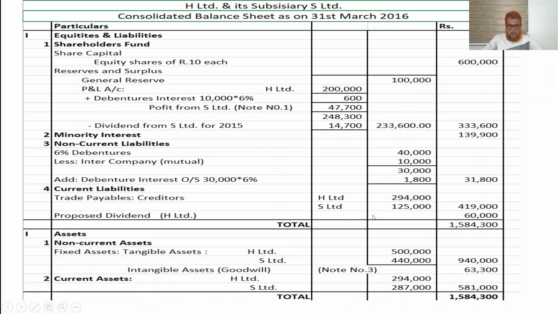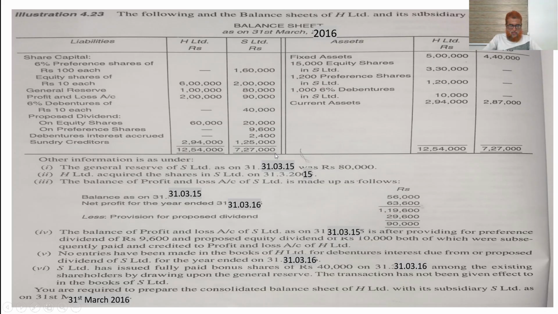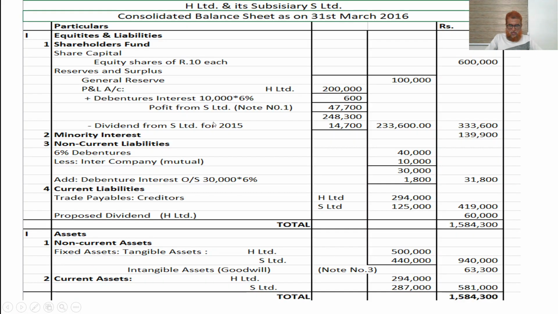Then proposed dividend is 60,000. It is given in the balance sheet. Only H Limited's we have to take. Okay. Now balance sheet total is 15,84,300.